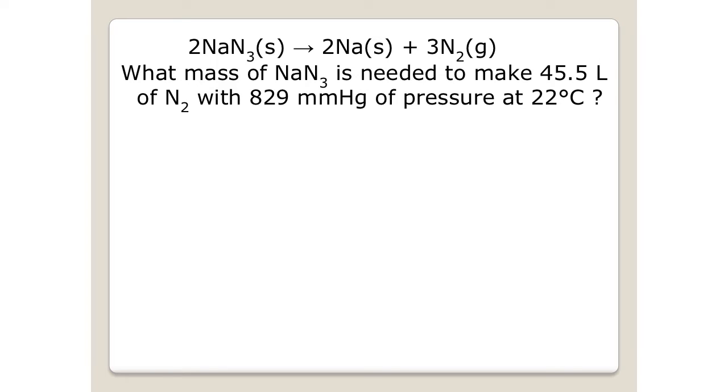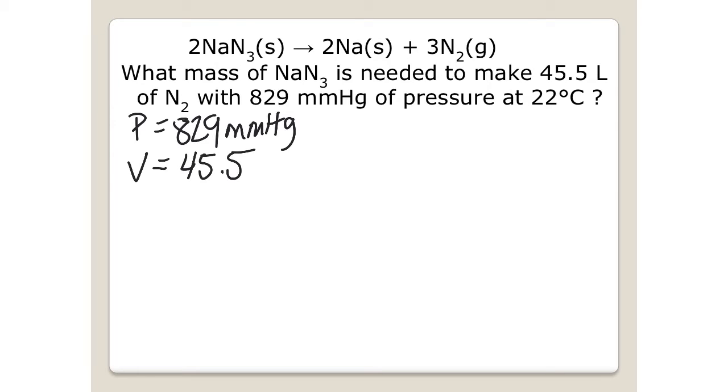So I'm just going to go ahead and fill in my variables. My P is 829, and that's millimeters of mercury. I'm just going to label it so that I remember that. And then we've got a volume, which is 45.5. And it's already in liters, so we don't have to do anything with that. And then we've got temperature of 22.